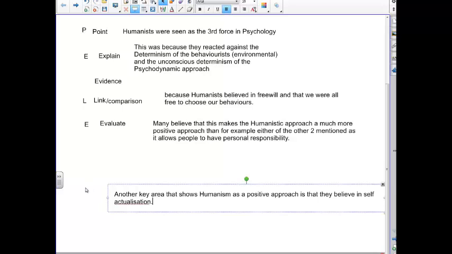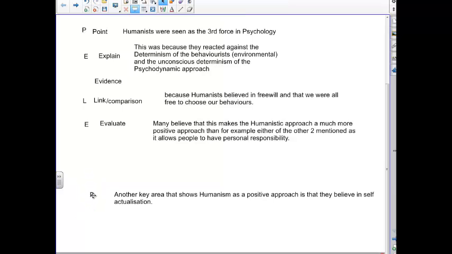Okay, so this is our point. We've got humanism positive, we already mentioned that, but we're developing it. It's self-actualization. There's our key term. We're now going to explain that. What do we mean by that?